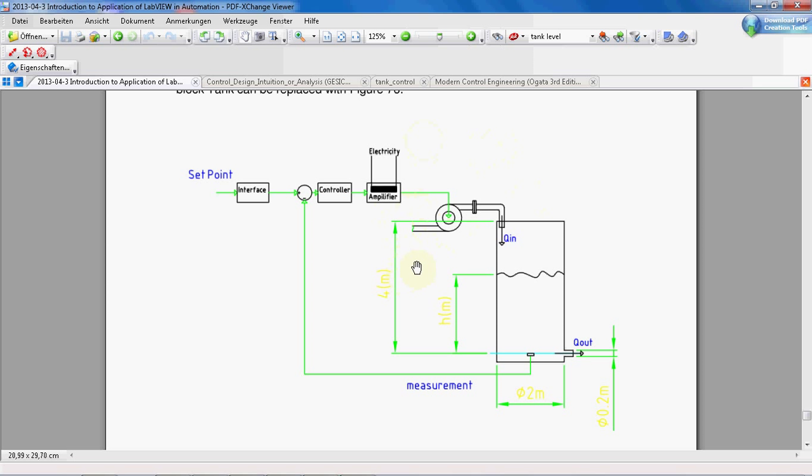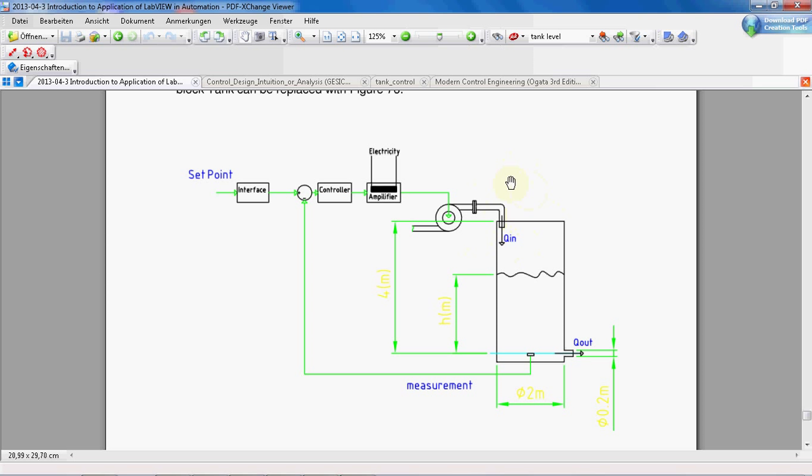The same thing can be said also about the pump. The pump has a capacity. It cannot pump water more than that capacity. For example, a small pump cannot pump, I don't know, tons of water per second.